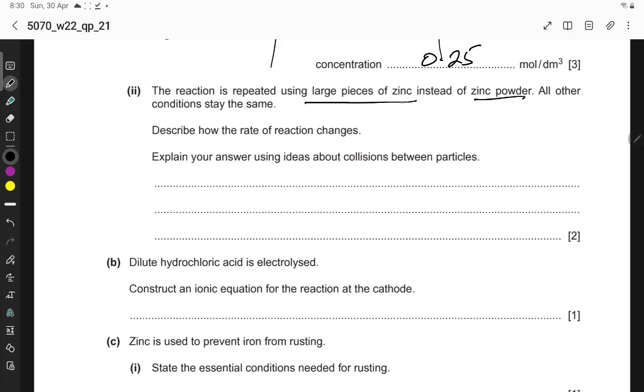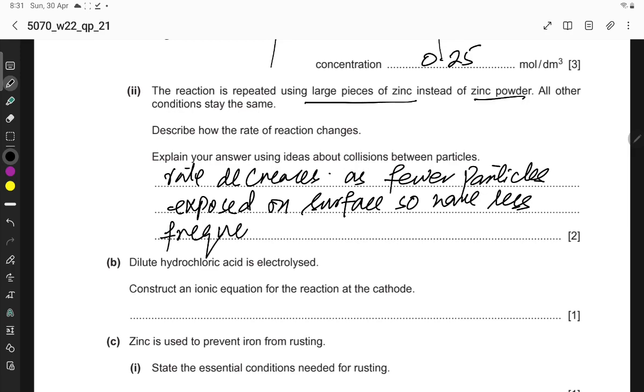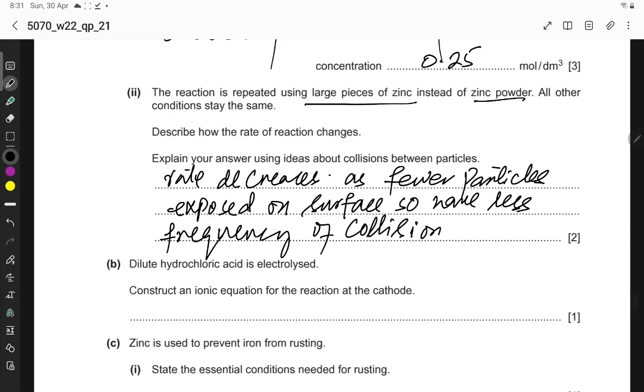Instead of zinc powder, large pieces of zinc: rate decreases as fewer particles are exposed on the surface, so there is less frequency of collision between the particles.